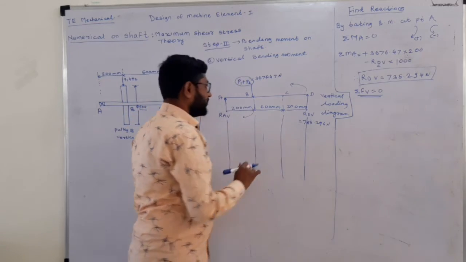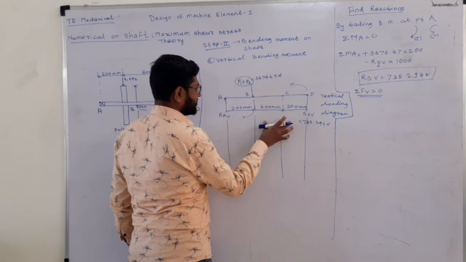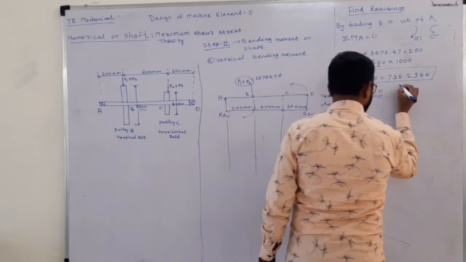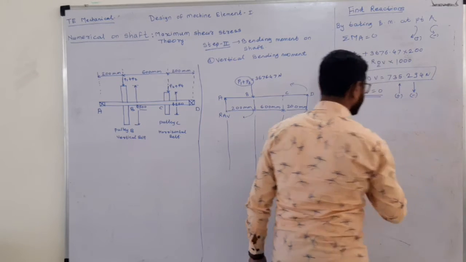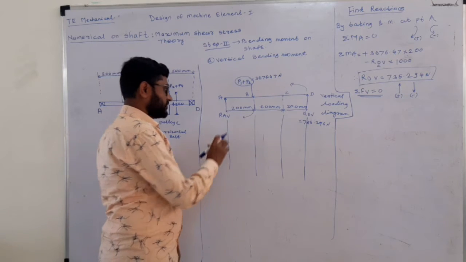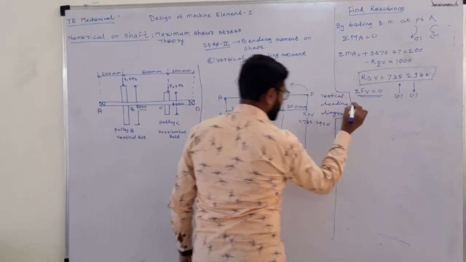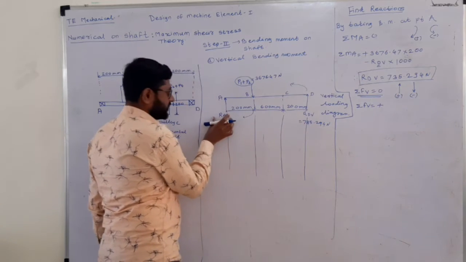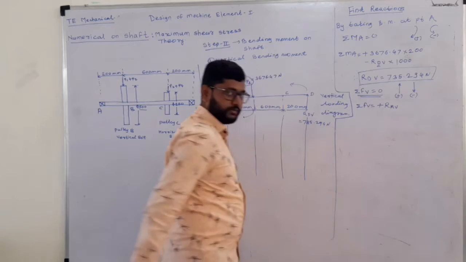that is 735.29. And the sign convention for vertical forces, summation of vertical forces equal to 0, means here we have to consider upward forces as positive and downward forces as negative. RAB is an upward force, so we consider its magnitude positive.